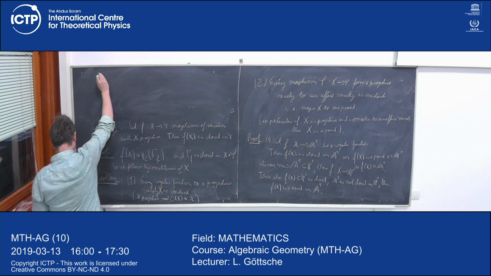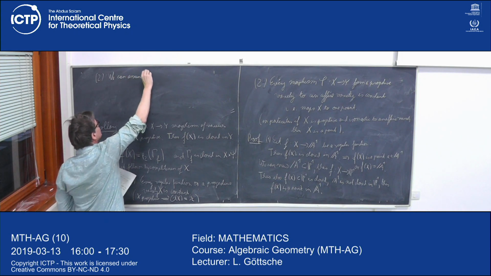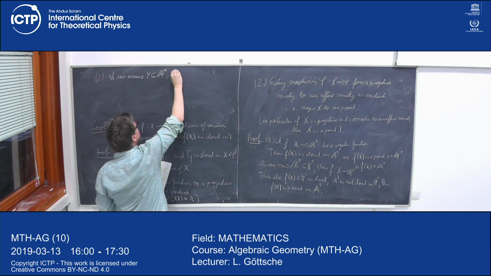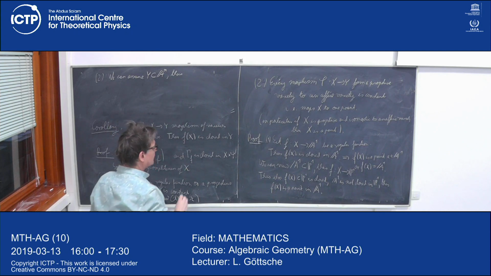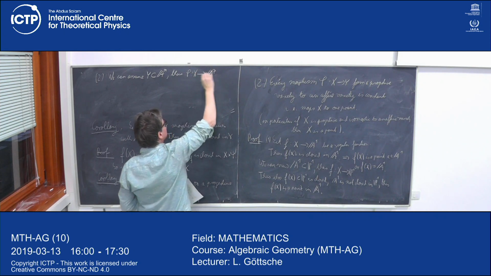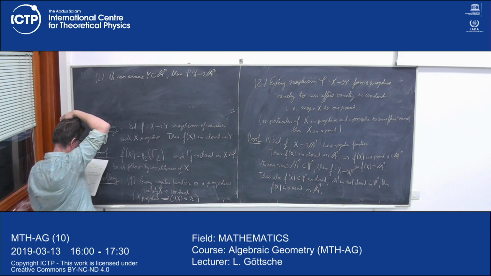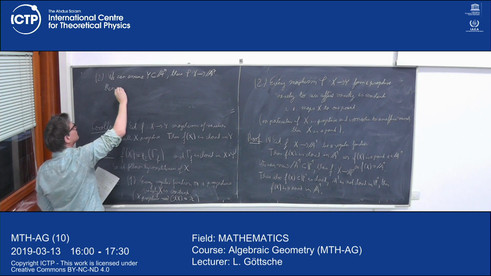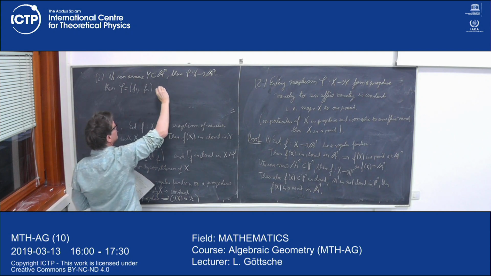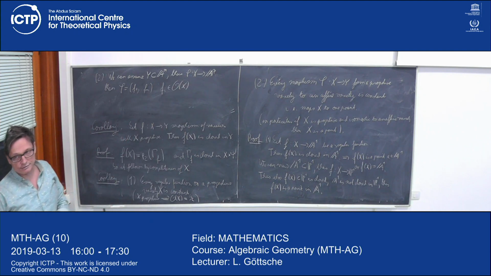We can assume that Y is contained in An, thus we also have a morphism φ from X to An, just the morphism to Y. Then we know that φ can be written as (f1, ..., fn), where the fi are regular functions on the whole of X. Each of them is constant, so the map is constant.